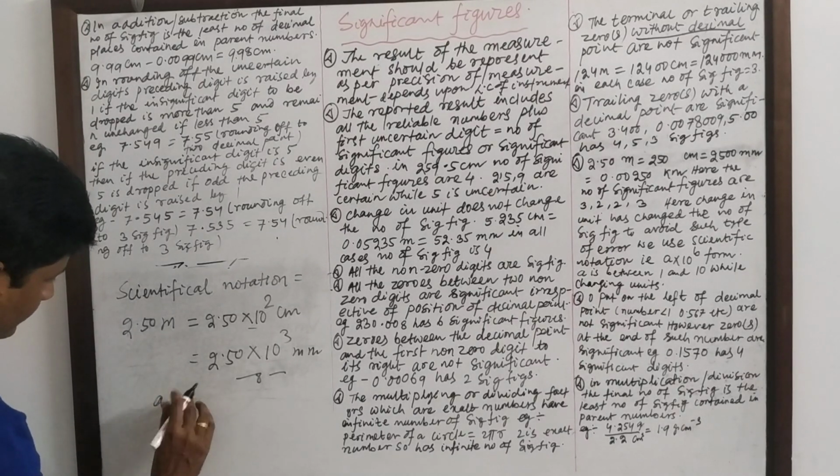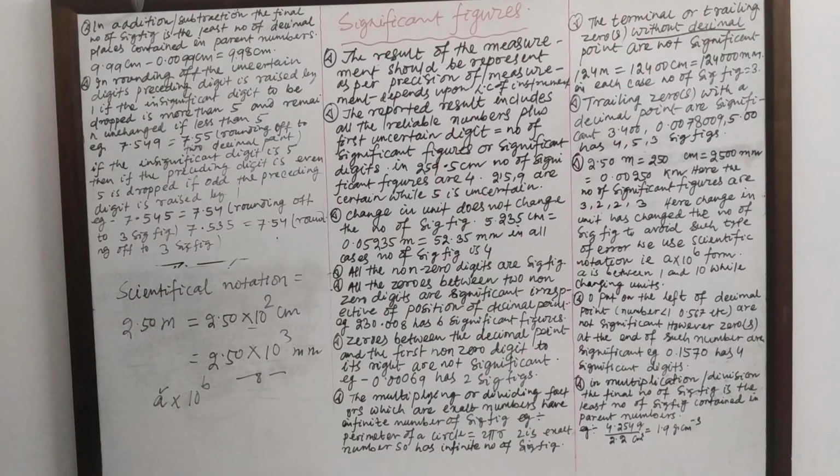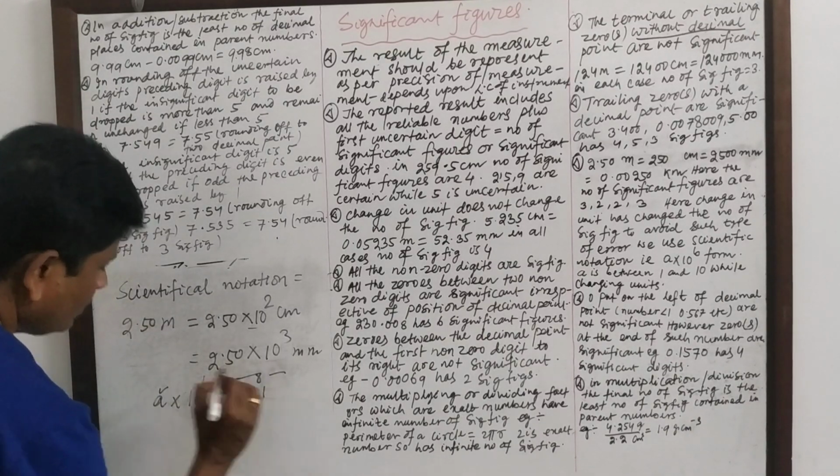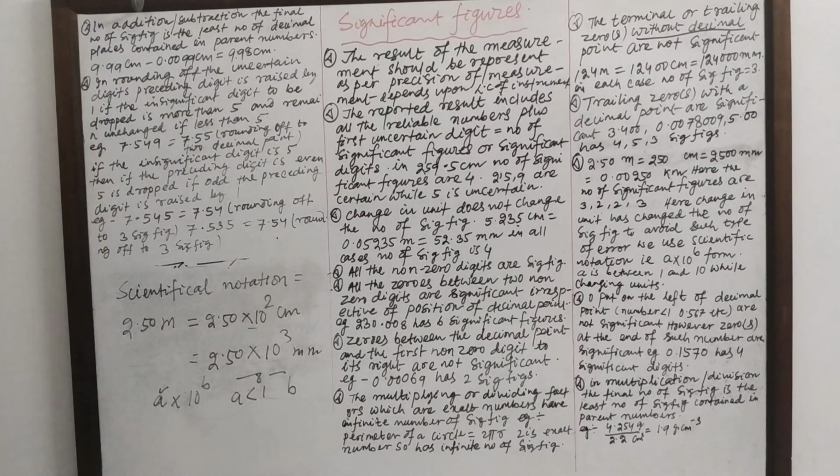In this way, in the form a into 10 to the power b, here a is between 1 and 10, and b is the power of 10.